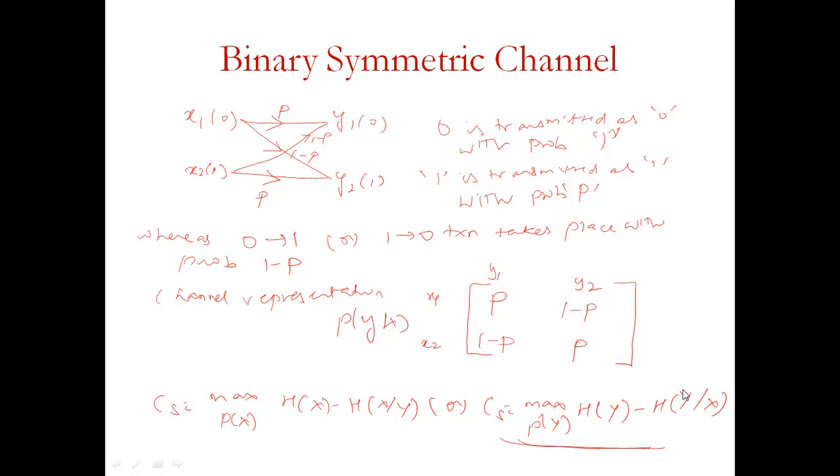So how can we write h of y given x? h of y given x can be written as double summation of i equal to 1 to 2 because input is only 2 numbers, j equal to 1 to 2 because output is also 2 numbers, p of yj given xi log base 2 of 1 by p of yj given xi. As we know p of yj given xi, we can easily find this.